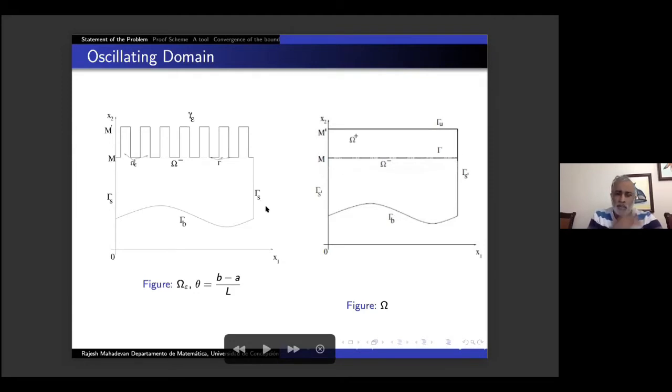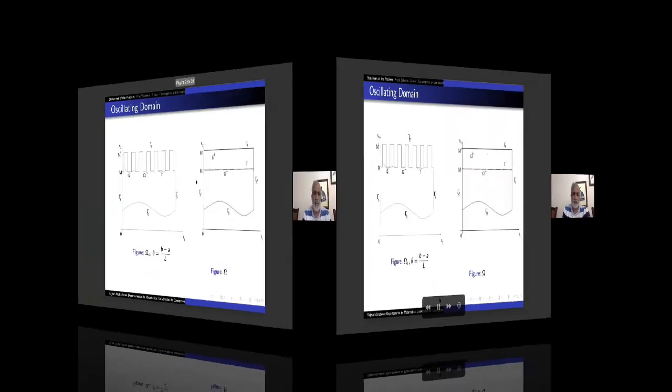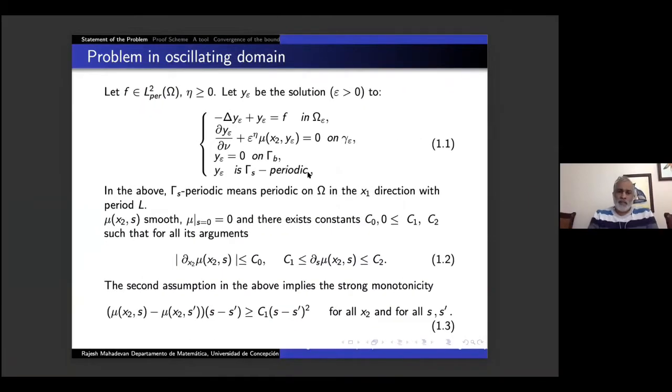So what is the problem? You can study several problems in such domains. The problem we consider is the Laplacian equation with a lower order term to guarantee the ellipticity in some sense, and a nonlinear Robin condition on the oscillating boundary.